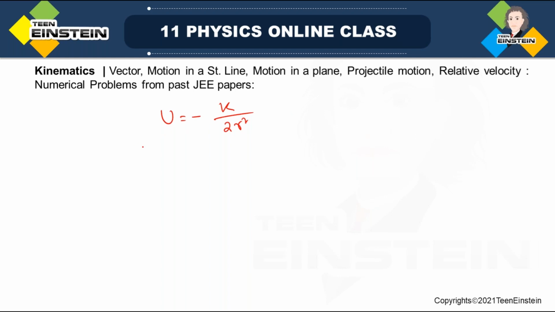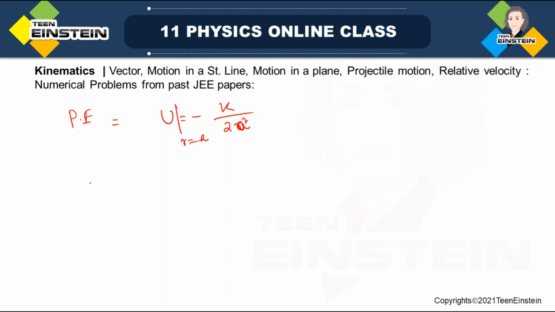The radius is A, so our potential energy at R is equal to A will be this. So this is the potential energy.